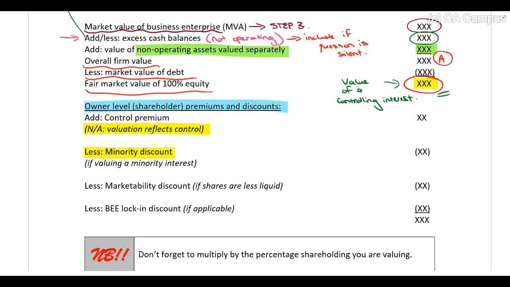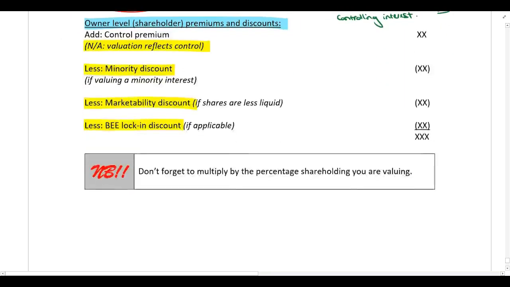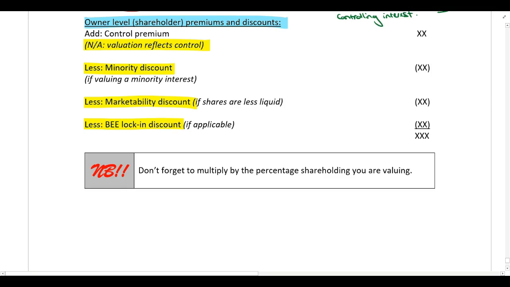Then, if we are dealing with a PTY Limited or any company where the shares are less liquid or more difficult to sell, we deduct a marketability discount. And lastly, we consider if a BEE lock-in discount must also be deducted. After taking all of that into account, don't forget to multiply by the percentage shareholding that you are valuing. So if you are valuing 20% of the shares, take this answer over here and multiply that by 20%.